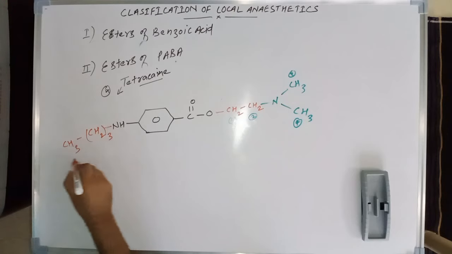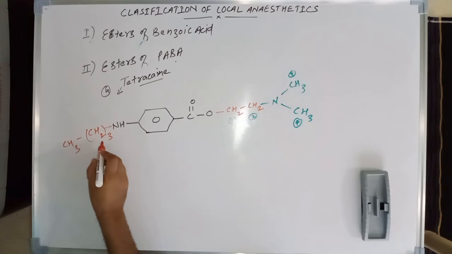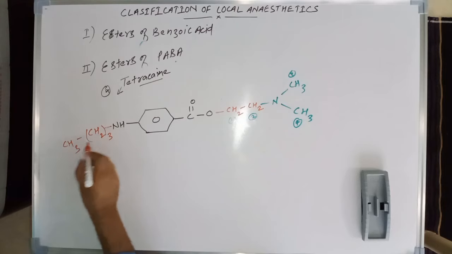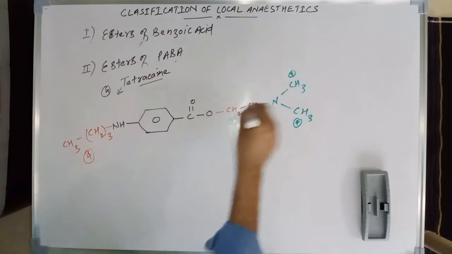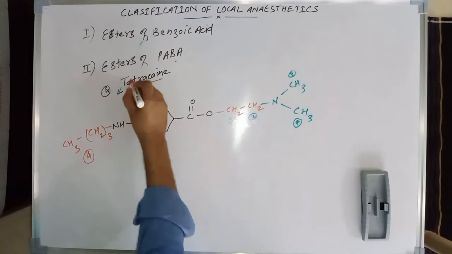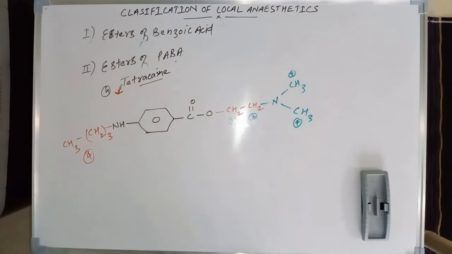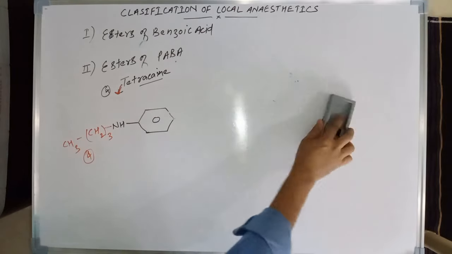So again this is also a 4-carbon species. This is 4 carbon, this is again 4 carbon. That's why its name is tetracaine. So these are all the examples of esters of para-aminobenzoic acid.